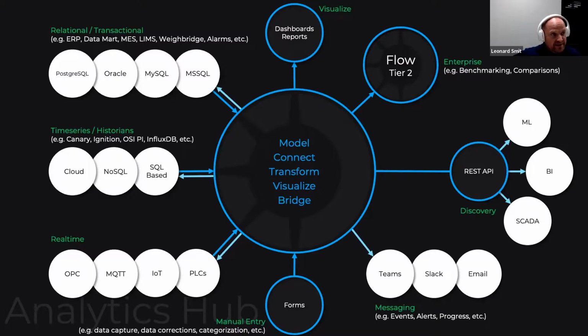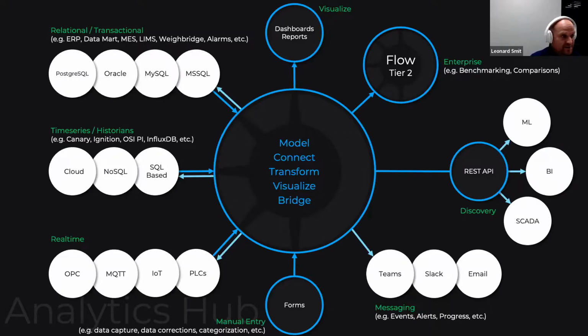It is one place where we have a normalized model that's abstracted from your data sources, that cleans and transforms the data and makes that data available in pretty much any form necessary for other applications and systems as well.